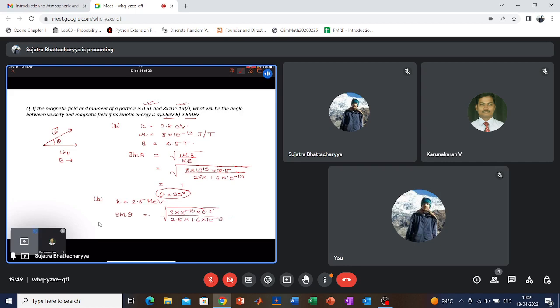So it will come out to be nearly 10 to the power minus 3 after taking the root. So theta will be very small. So just this amount of change, 10 to the power 6 change in kinetic energy, will give you theta also very small. The velocity vector will move very close to the parallel direction.